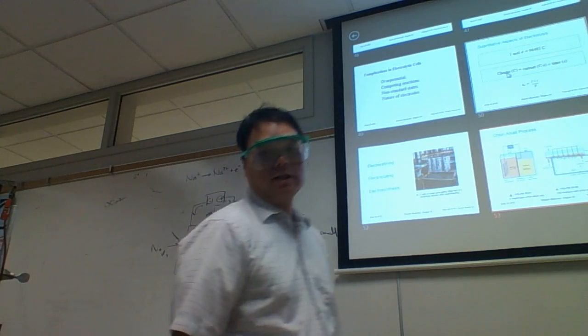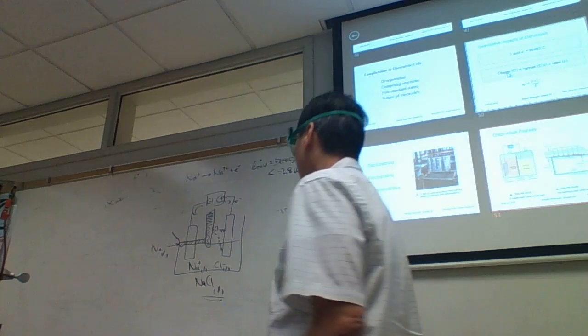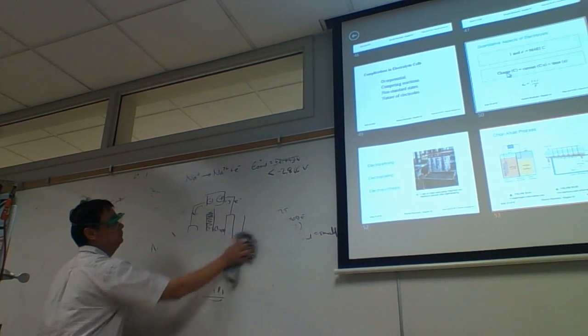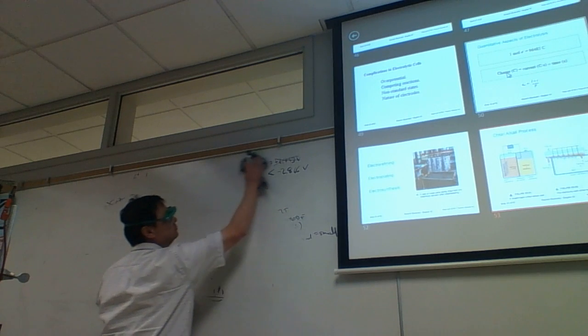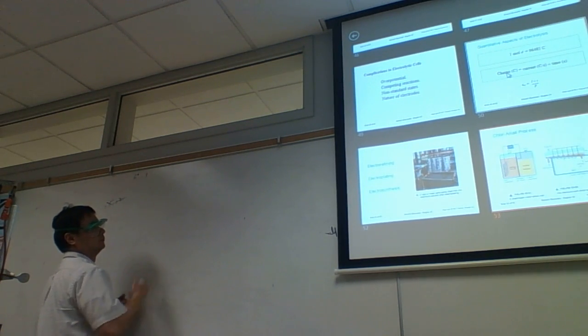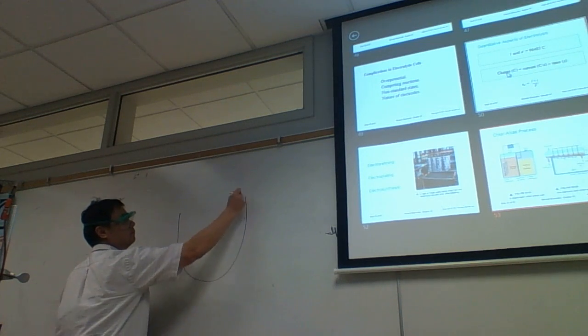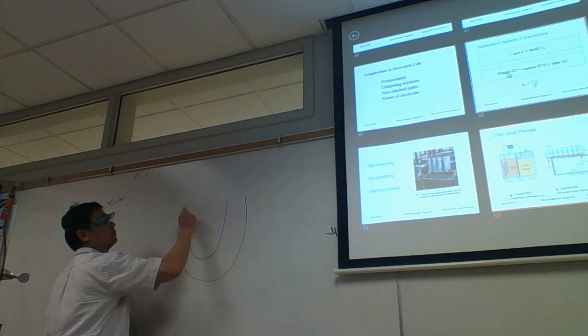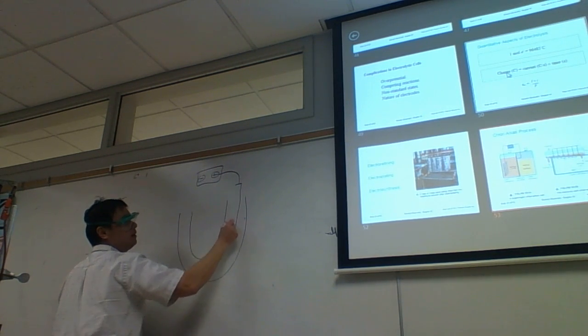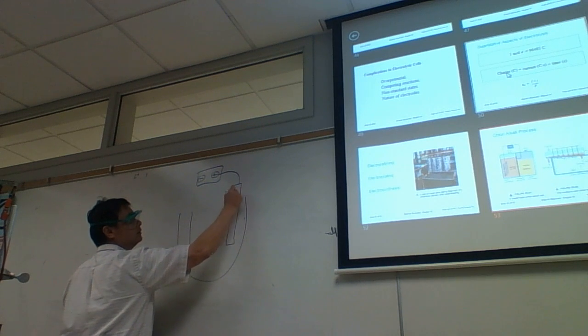All right, well, that's going. Let's take a look at what we have here. I have a power supply here, and I connected the red to a graphite electrode here.